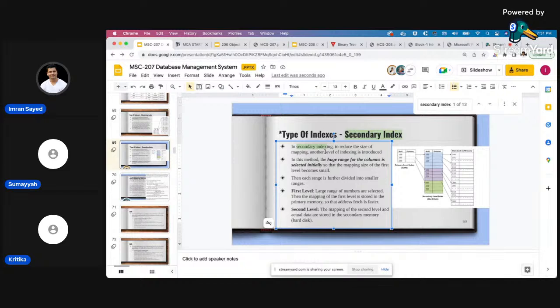So what's the definition? So they're saying secondary index is an index defined on a column that is not the key column. So, for example, name. I think this is taken from the internet.